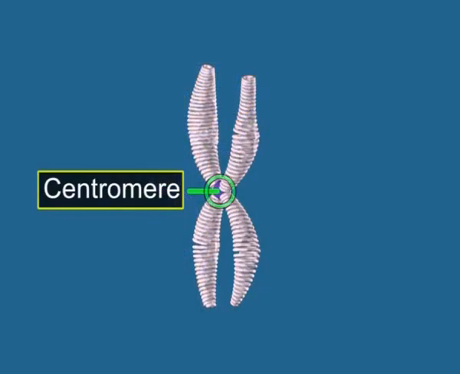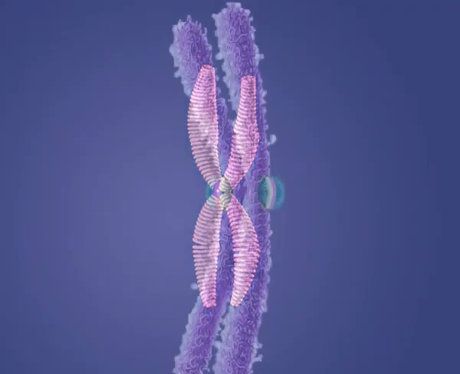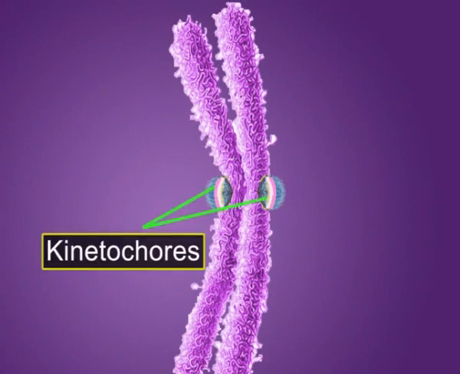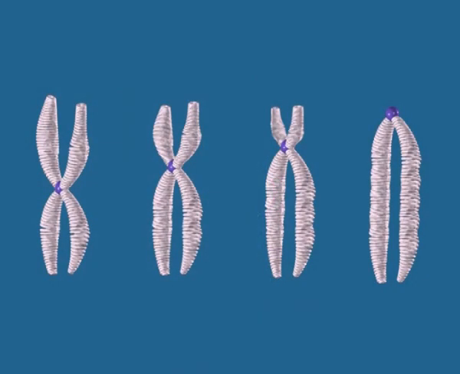The centromere is basically a small constriction on the sides of which disc-shaped structures called kinetochores are present. Based on the position of the centromere, the chromosomes can be classified into 4 types.